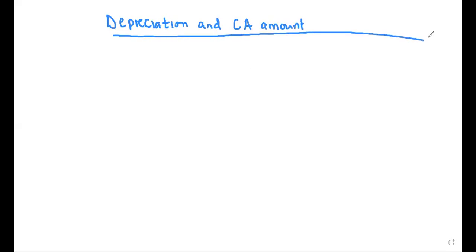So which means we need to do the depreciation. Right, so when you are doing the depreciation and carrying amount of a machine and the inspection, you need to separate them.